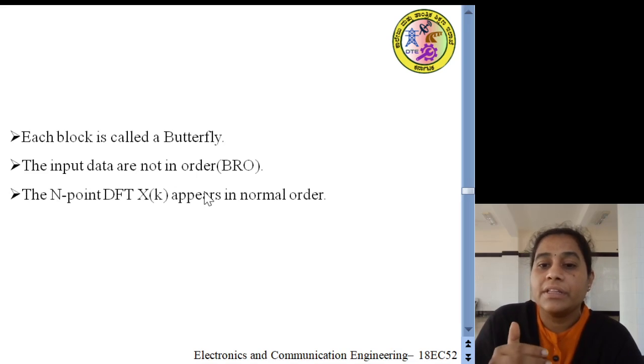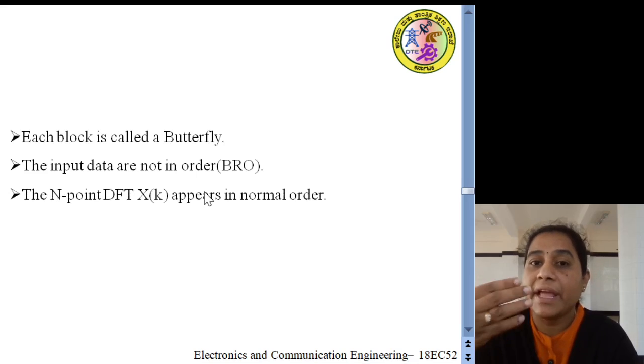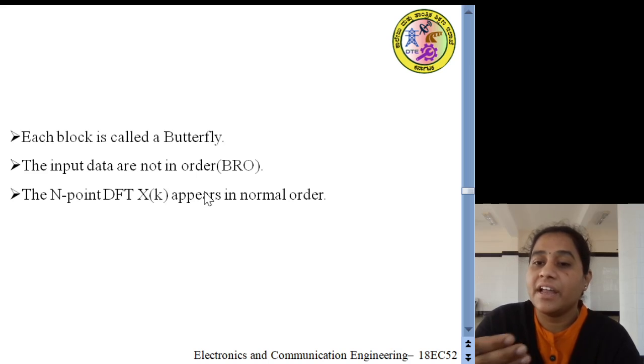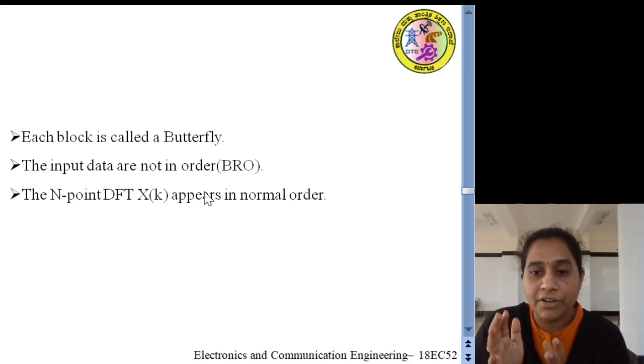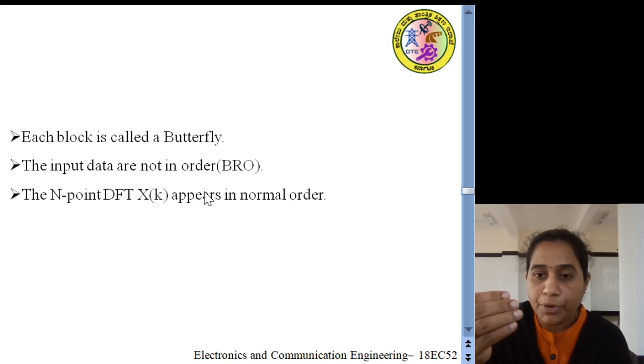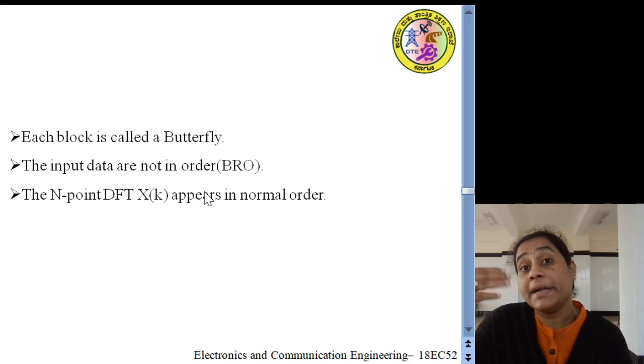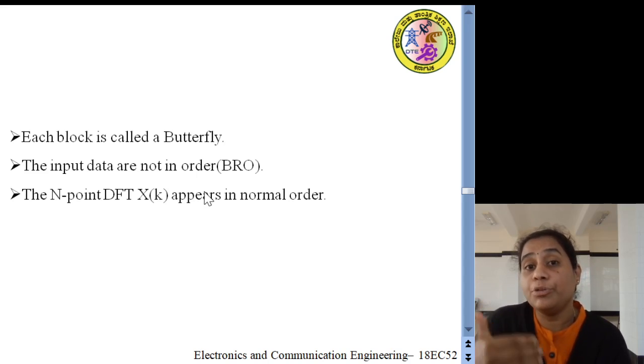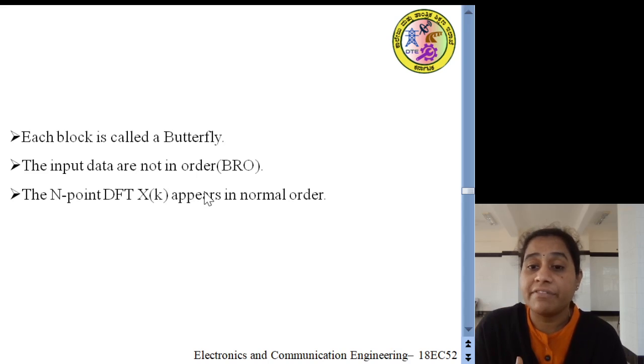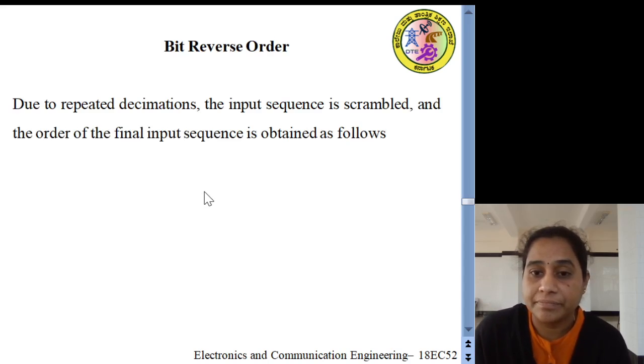So the n-point DFT, whatever we are obtaining from this DIT FFT algorithm, appears in normal order. That means what we need to concentrate on here is that the input we are giving is not in the normal order, but we are obtaining the output, that is the DFT of the time domain sequence x of n, in normal order.